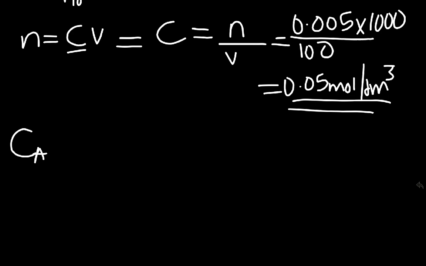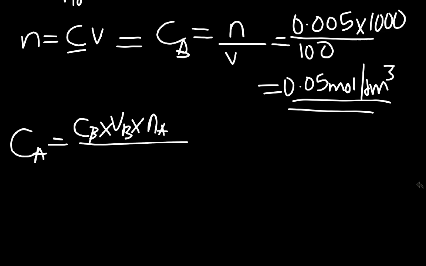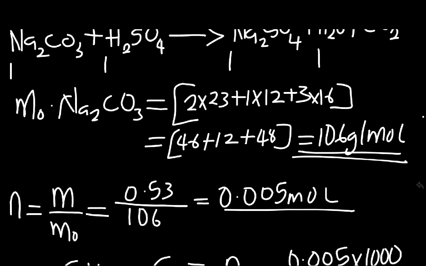The concentration of the acid equals the concentration of the base times the volume of the base times the number of moles of the acid, which is 1 from our mole ratio, over the volume of the acid times the number of moles of the base. If you punch this in, the concentration of the base is 0.05, and the volume of the base was given from our question to be 20.